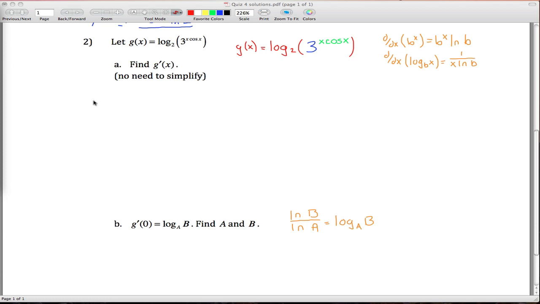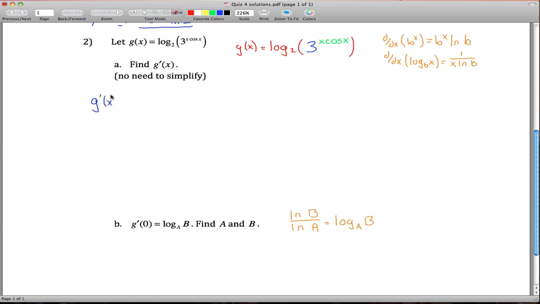So to take the derivative, we got g prime of x equals, we'll first take care of the log base 2 of something. The derivative of log base 2 of something is 1 divided by that something times the natural log of 2. So we got 1 divided by 3 to the x cosine x times natural log of 2.